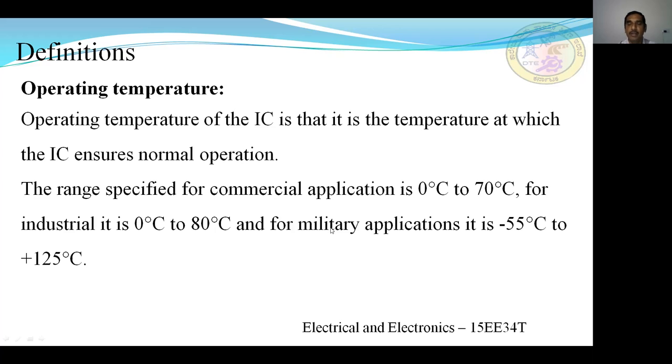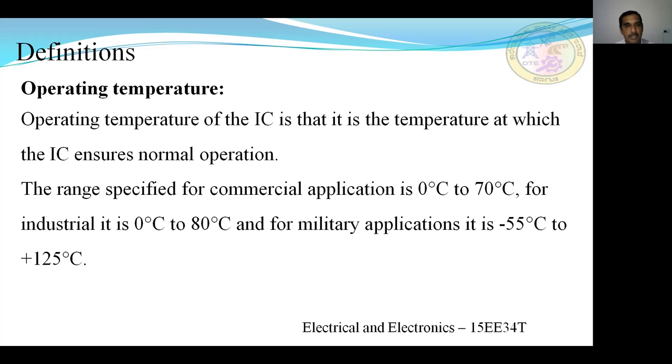And this is another important factor, for military applications. It is minus 55 degree centigrade to plus 125 degree centigrade. Because in military applications there may be extreme conditions, extreme cold conditions will be there, and some of the instruments need to work there. In that case, it will be minus 55 degree centigrade, so the IC has to work at minus 55 degree centigrade.